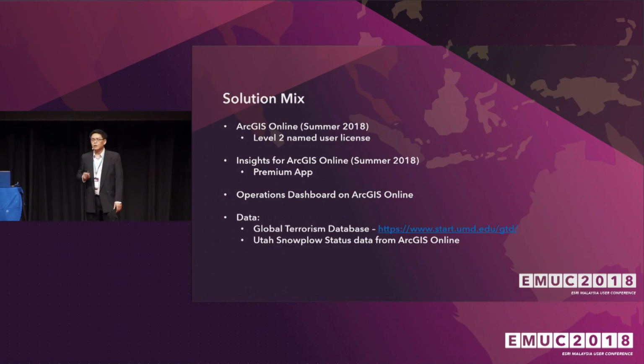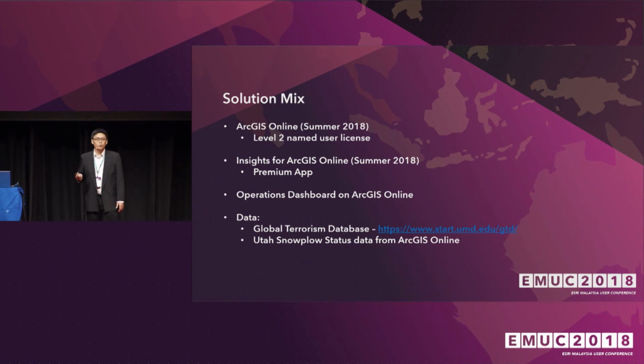So to recap some of the solution mix used in the demo today, I'm using ArcGIS Online, of course, the latest version, level 2 named user license, and I have a premium app enabled for Insights for ArcGIS Online, and I'm using Operations Dashboard for ArcGIS Online for the dashboard demo.